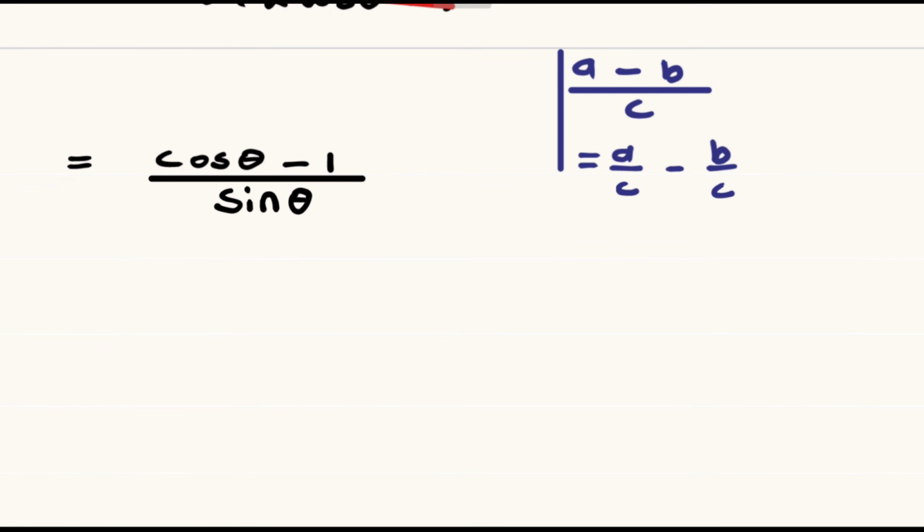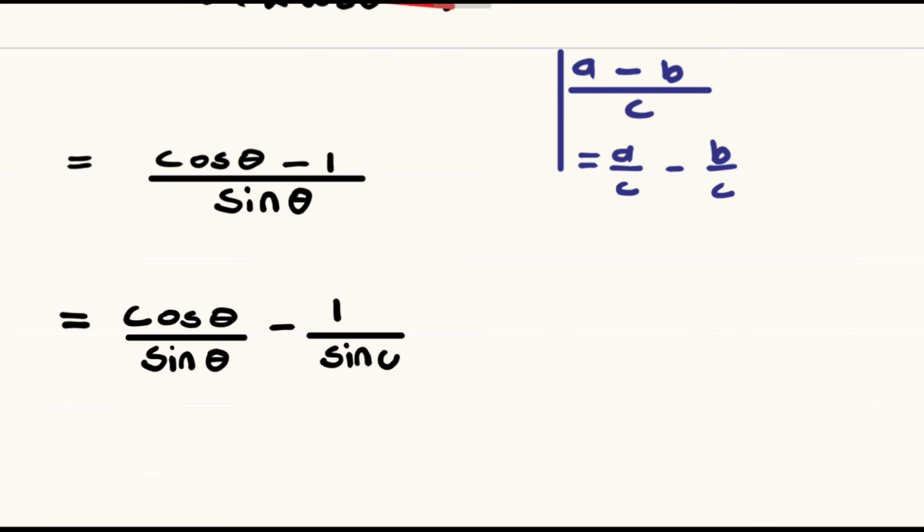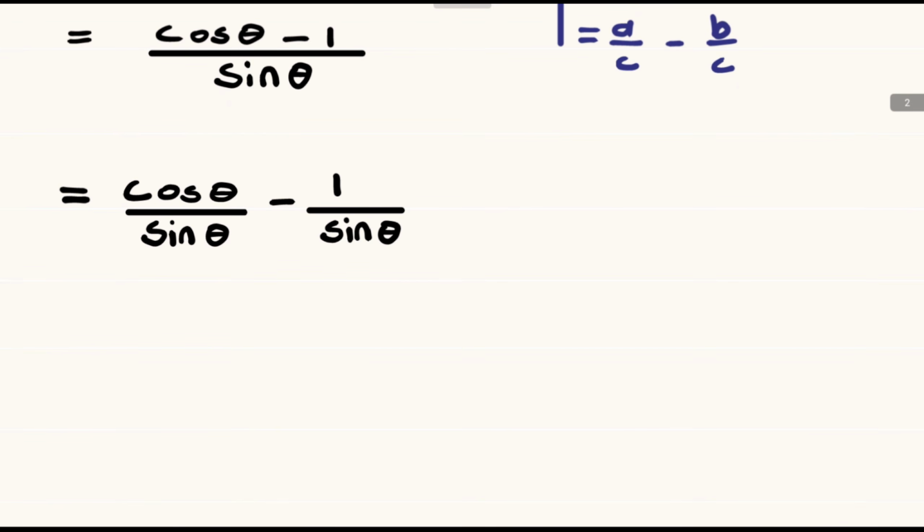So even in our case, this will simplify to cos theta divided by sin theta minus 1 divided by sin theta, and this will be equal cos theta divided by sin theta is equal cot theta, and 1 over sin theta is equal to cosec of theta.